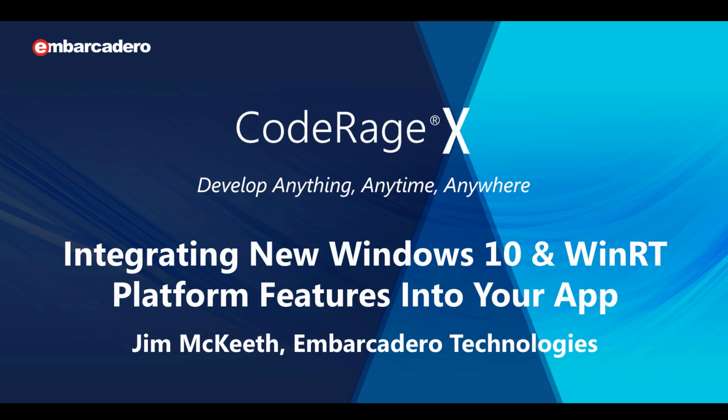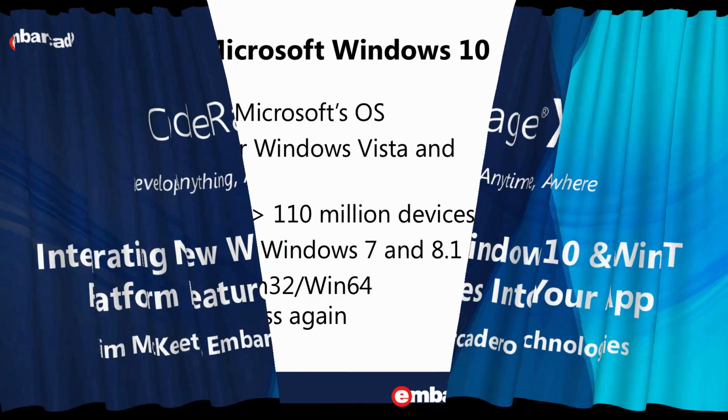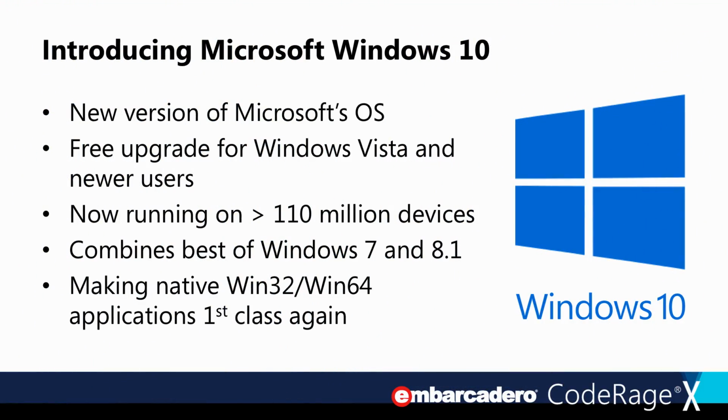In case you missed the announcement, Microsoft unveiled Windows 10, the latest version of their operating system. It's a free upgrade for Windows Vista users and newer, and it's already running on 110 million desktops, laptops, and tablets.